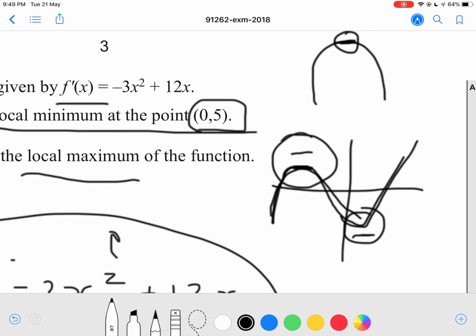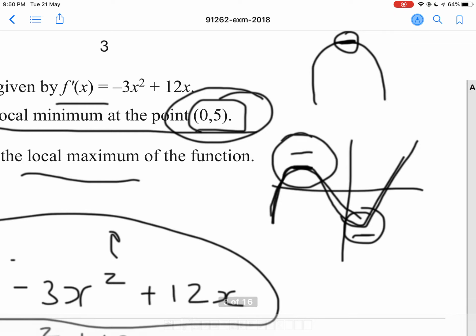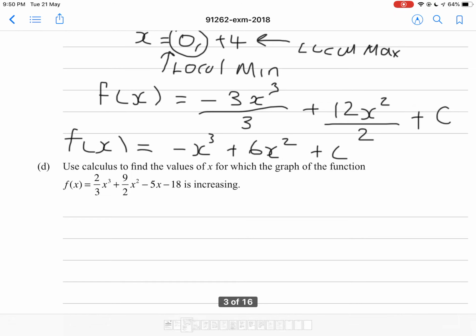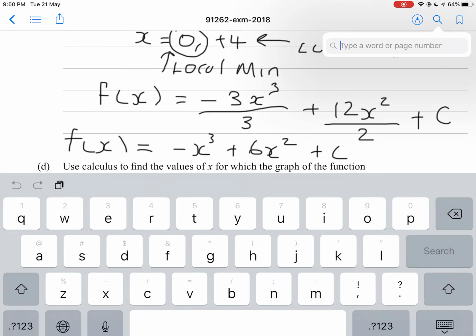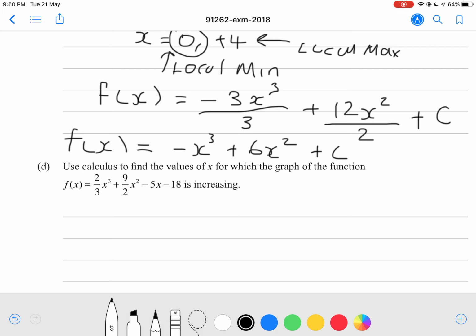The question tells us that when x equals 0, y equals 5. So we can plug x equals 0 and y equals 5 into this equation. 0 to the power of 3 is 0, and 0 to the power of 2 times 6 is still 0.